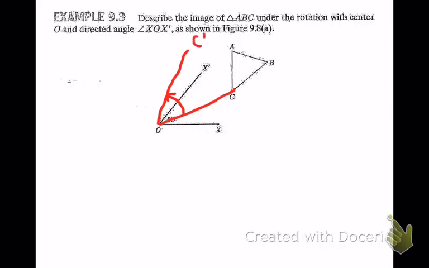So there's C prime. Those two lines are the same length, and I've rotated it 50 degrees. That's how you transform one of the points. We're just going to do point C on this slide. We'll do the rest down below.